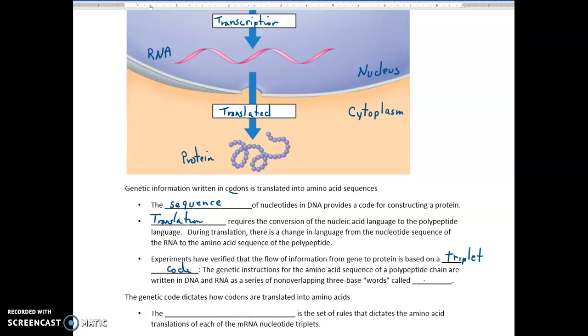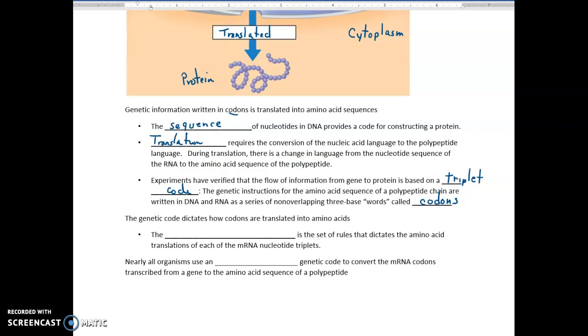We call these words codons. The genetic code dictates how the codons are translated into the amino acids.